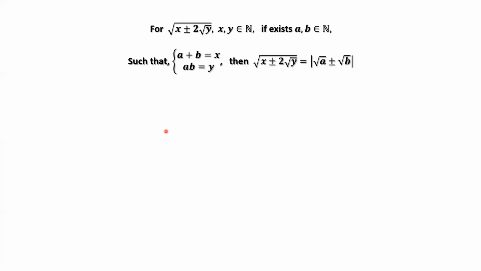Look at the last example. We have the fourth root of 7 minus square root of 48. I have a different video discussing a similar question, the fourth root of 7 plus square root of 48, using a different method.